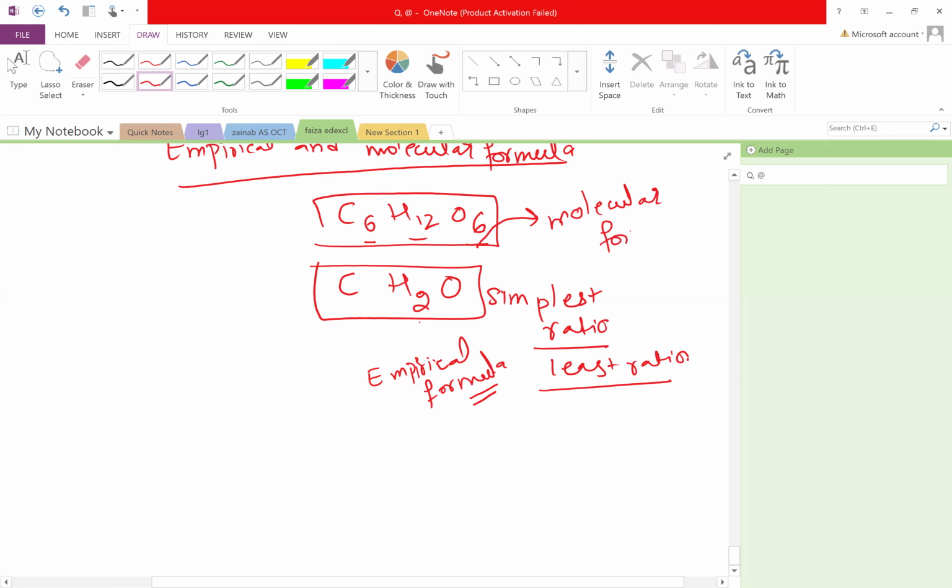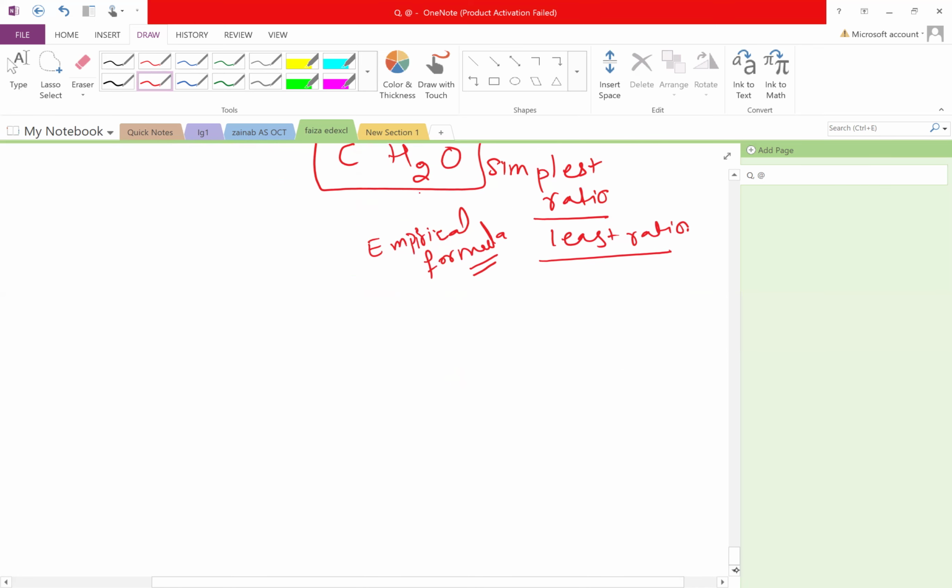The complete one is called your molecular formula. The least ratio or the simplest ratio will be called your empirical formula. Now, these two things have to be done in calculation. You have to basically do calculation for this.